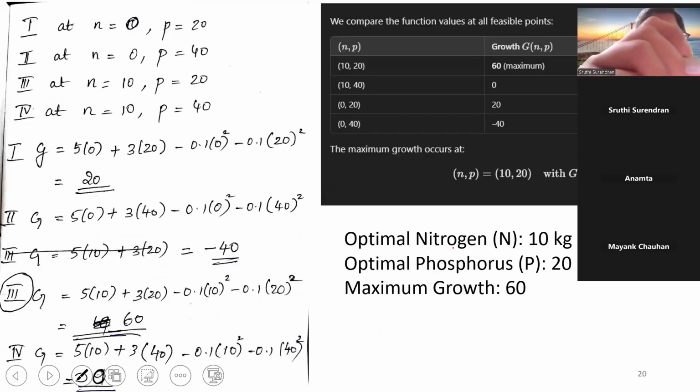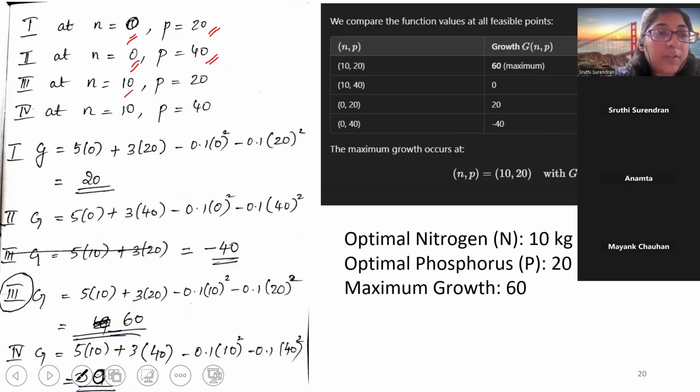So in the next step, we will find out the growth at the lower limit of nitrogen, which is 0, and the lower limit of phosphorus, which is 20. Then we will find out the growth at the lower limit of nitrogen and the uppermost limit of phosphorus.